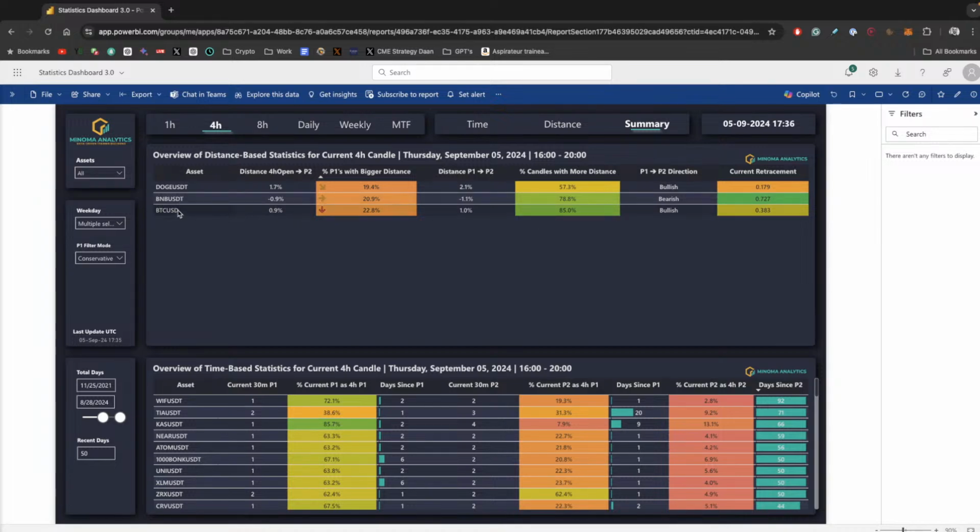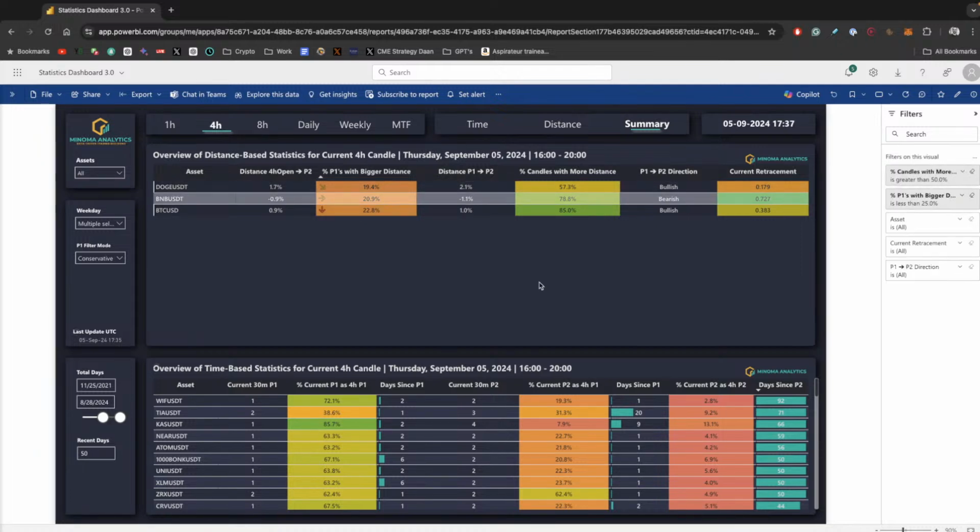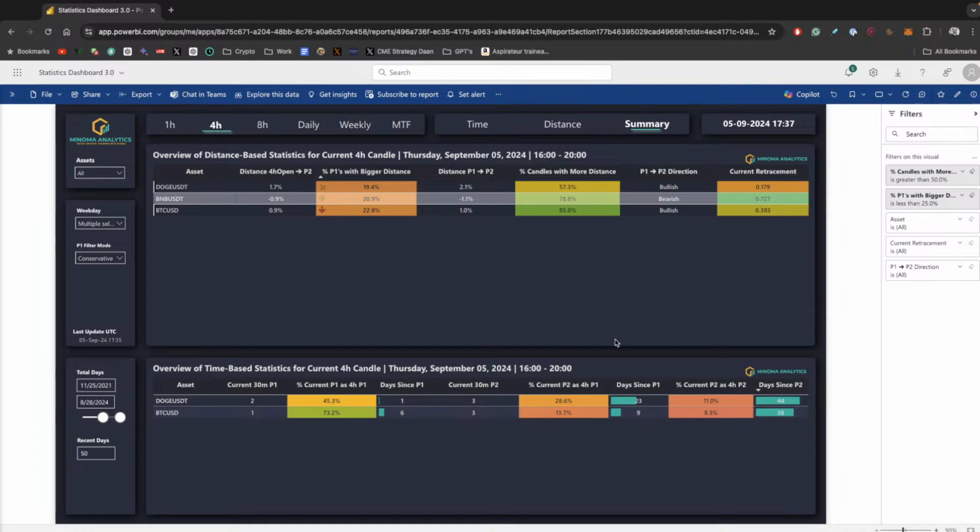And then BTC and Doge are looking bullish, but also 1 out of 5 times it would perform a flip here. Now let me see. Here, for Doge, it's been 3 days ago since it did this from this P1. And for BTC, it's been 9 days ago. It's also not something that you would say, oh yeah, that never happens, right?